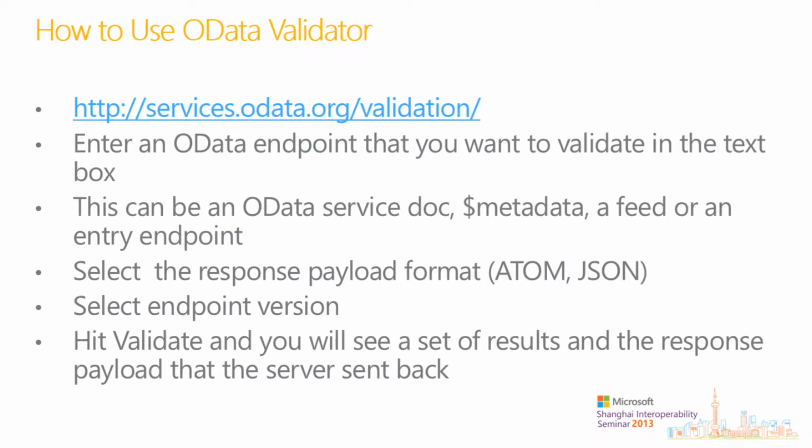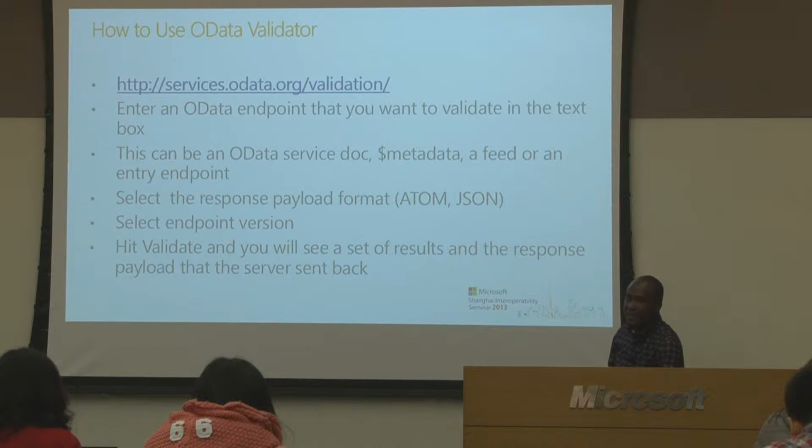Then once you input your service document, for example, you select your response payload format, whether it's Atom or JSON. A lot of the work that we've done on the OData validator recently was to support the JSON format.